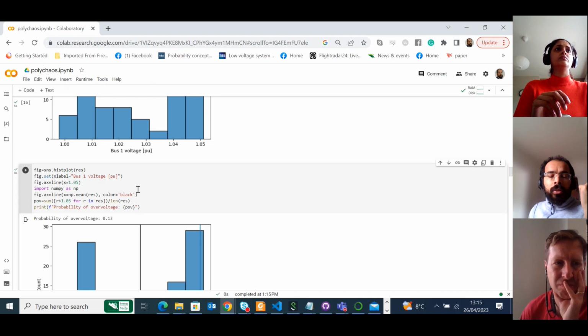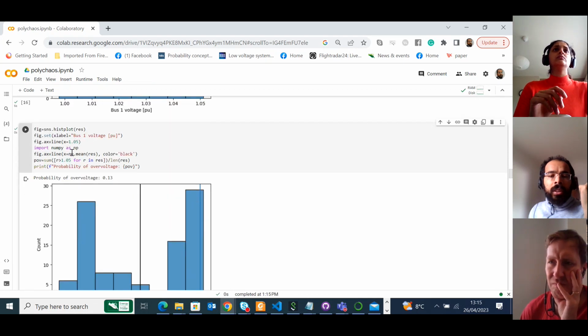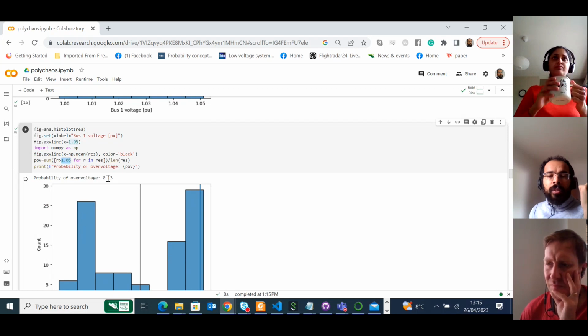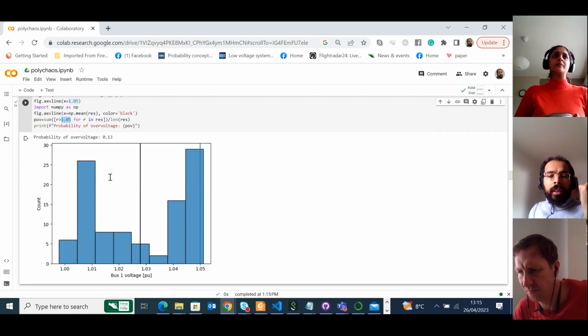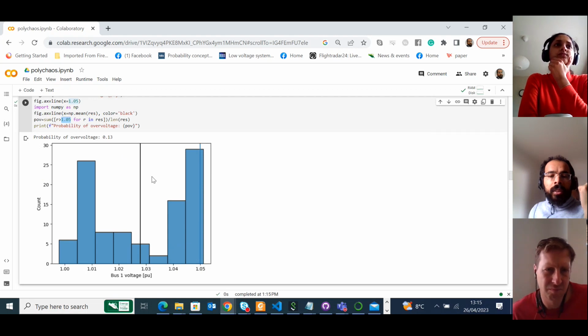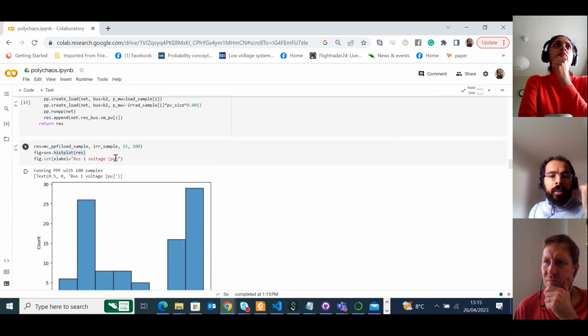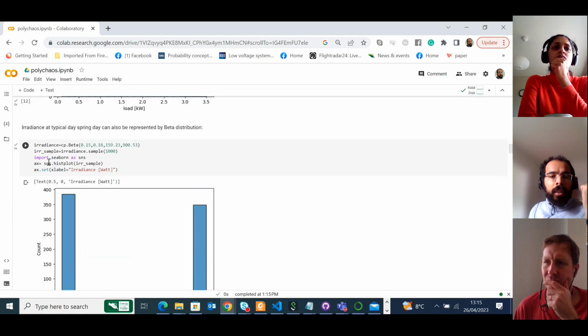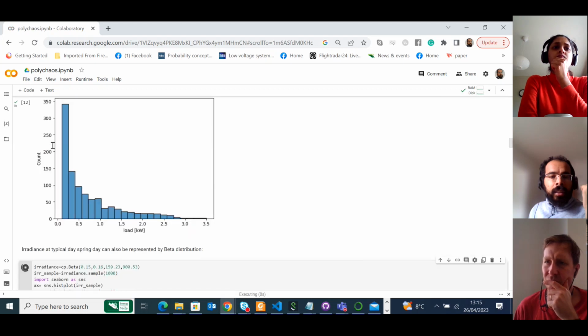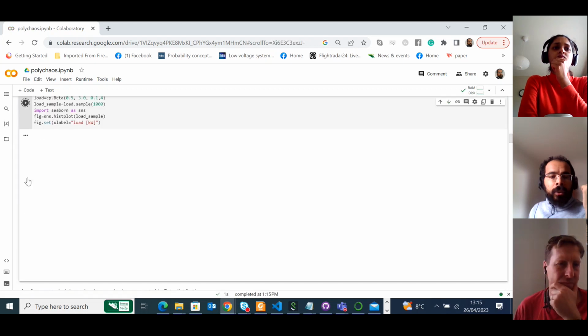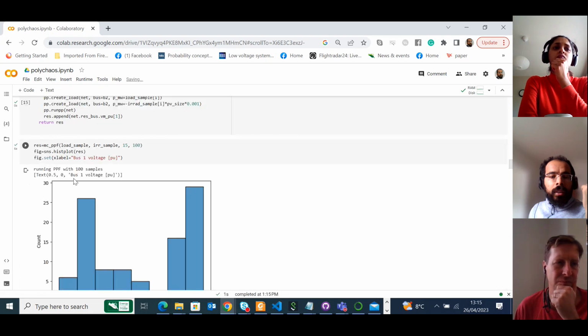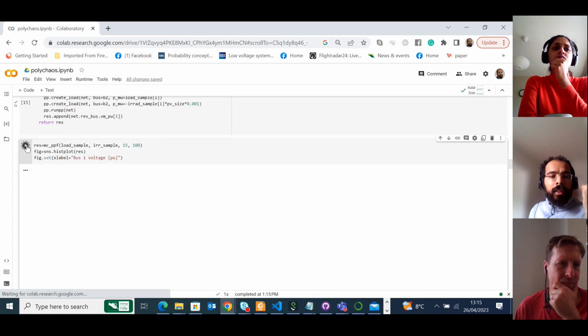So what we do is we see how many of the samples are greater than 1.05, and then see what is the probability. So here the probability is around 0.13, but if you change the sample, for example, if you make a new sample for irradiance and for load, this probability will change.